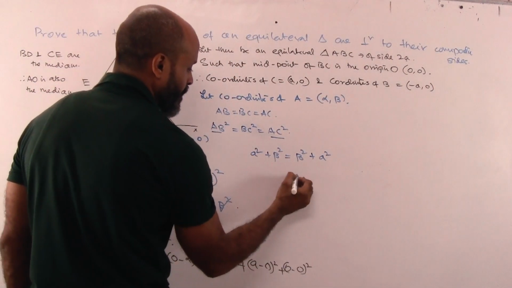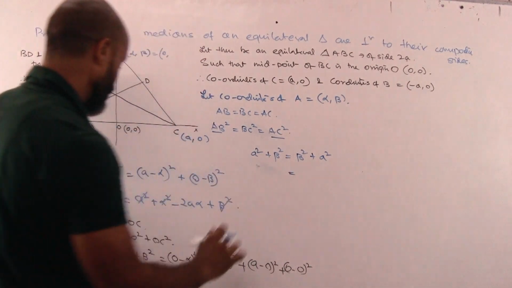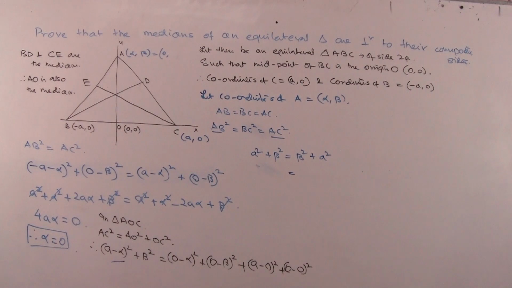Okay, so what do we have here? 2 betas. Is beta getting cancelled here? Oh. We are going wrong somewhere. A minus alpha square, so that will be A square.